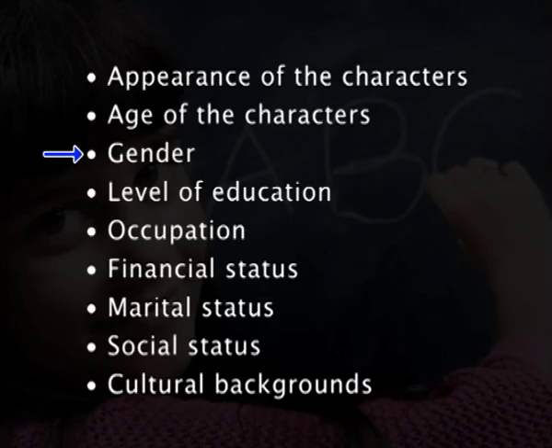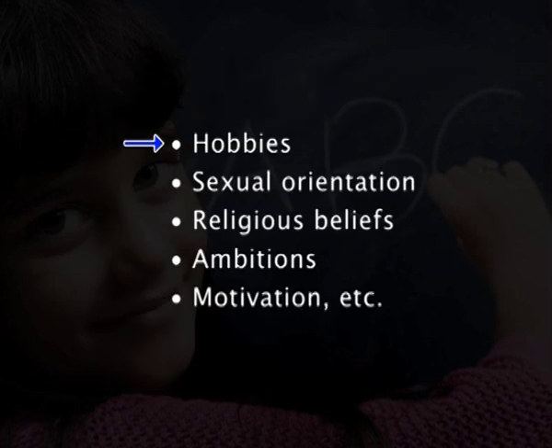Then the gender, whether the character is going to be a male or a female, the level of education which the character exhibits, the occupation, their profession, the financial status of these characters, the marital status, their social status and their cultural backgrounds, their hobbies, their sexual orientation even perhaps, their religious beliefs, ambitions, motivation and so on.